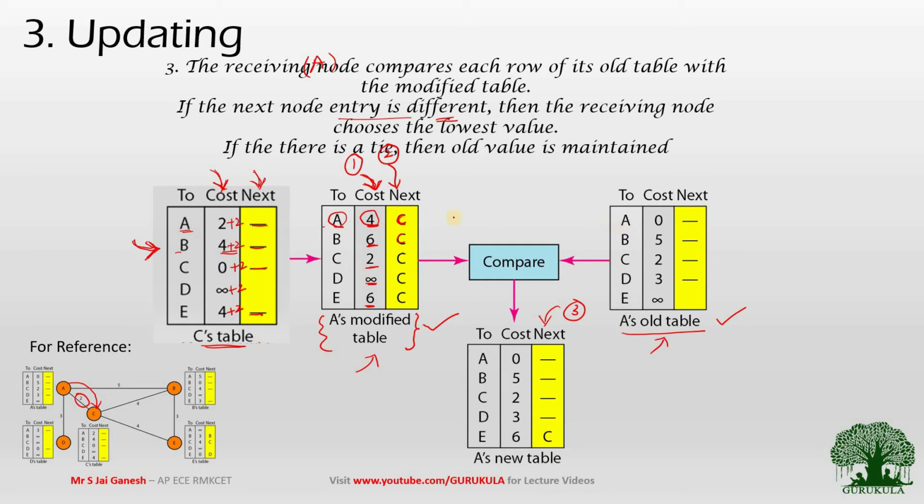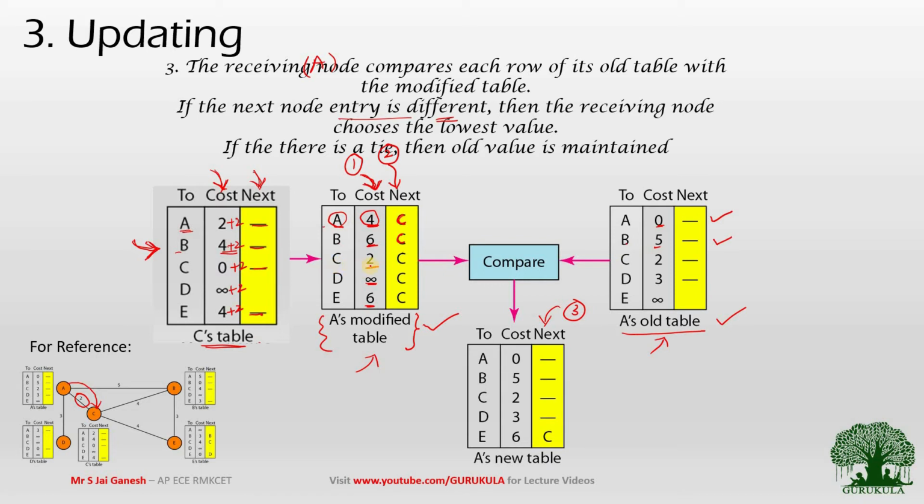So when comparing these two entries, this entry is the better one because we have the lowest cost here. Then checking the second one, A can reach B with a cost of 6 if we go via C. But as per the previous entry, A can reach B with a cost of 5, and it is a directly connected node. So comparing the cost, this is the minimum cost, so we will be taking this entry.